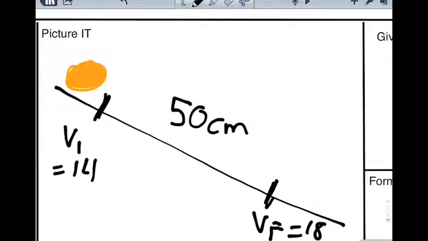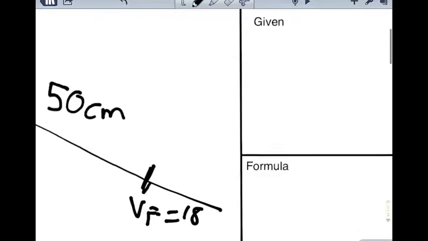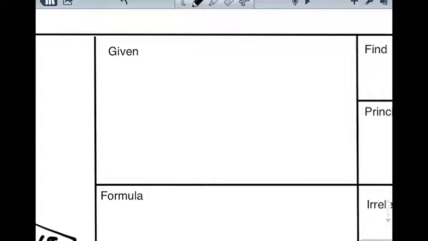In this example, we had a ball rolling down a ramp that was by 2 photo gates. It said that the velocity at the one photo gate was 14 and the velocity at the other photo gate was 18. So now we want to take a look at how we can solve this particular question.